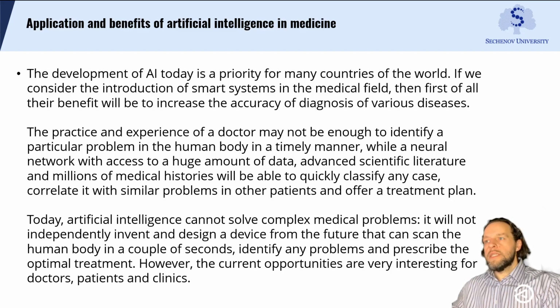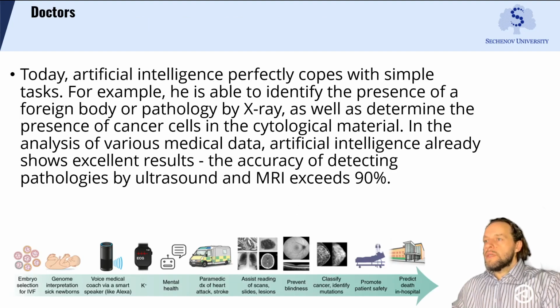Today, artificial intelligence cannot solve complex medical problems. It's not possible to have an independent AI-based robotic surgeon or something like that, but it is a good tool to help doctors and improve their performance.